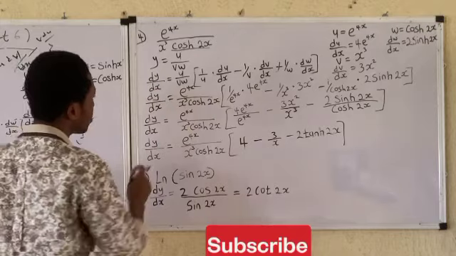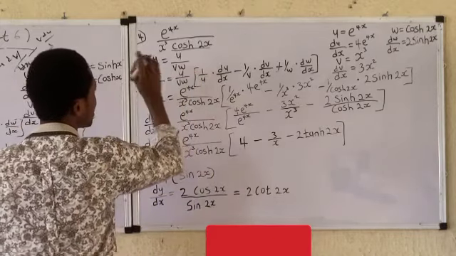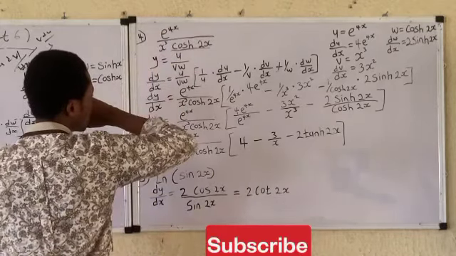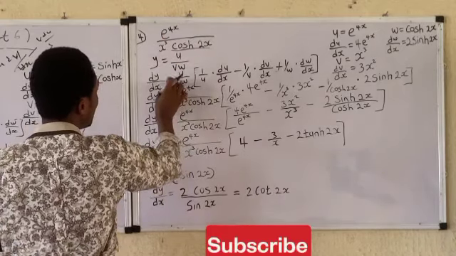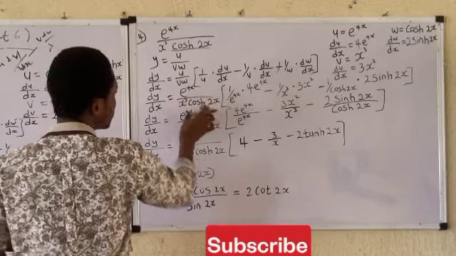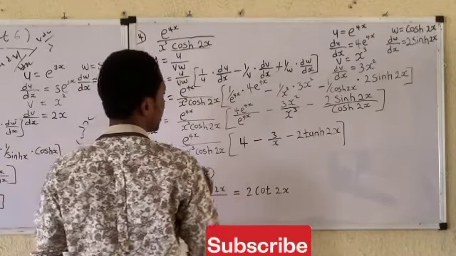dy/dx equals, now our u, as we said earlier, we take the exponential as our u, we take x cubed as our v, and cos as our w. The same rules apply here.